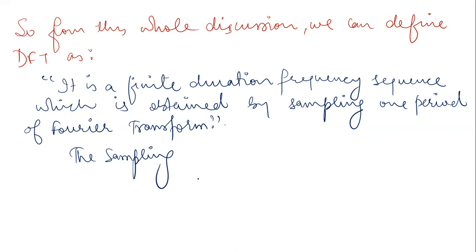How to make the sequence finite? We extract some portion of that infinite sequence, and that extracted portion is the finite sequence, also known as the windowed sequence. The windowed sequence is periodic in nature, right? Then how to get the sampled sequence? We take the DTFT and sample it to get the sampled sequence.